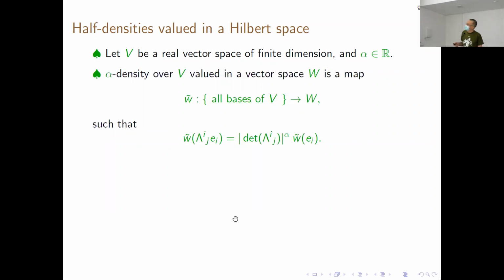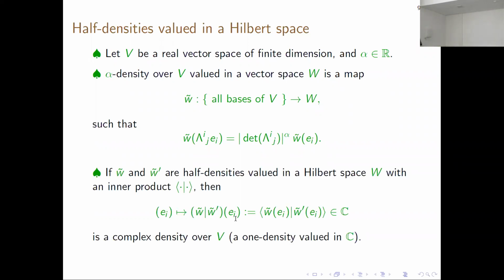This W tilde is an alpha density if the following equation is satisfied. Here, a basis of V is transformed by a non-singular matrix to another basis. This formula has to hold for every non-singular matrix.